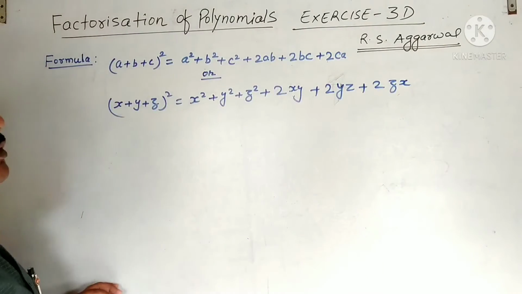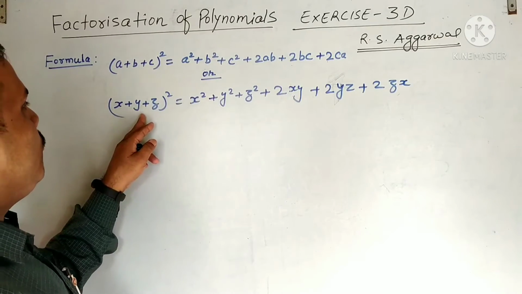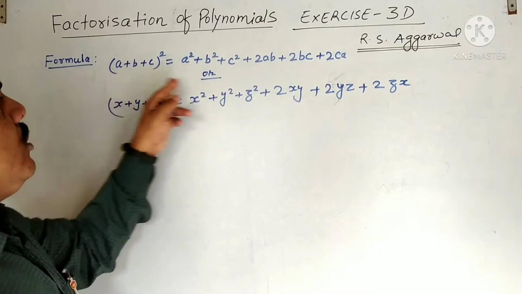This is the formula. Means first you have to multiply these two for here, then yz here, then zx or xz you can write.